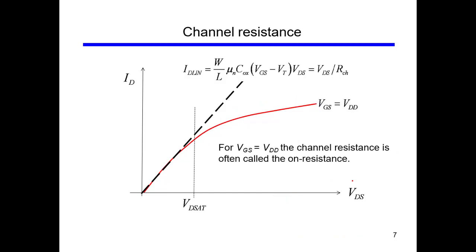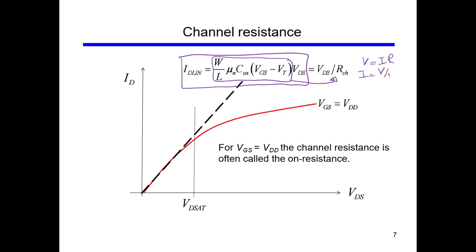Now we know this is the equation for the linear region, and this whole thing can be considered as 1 by R. So V is equal to IR, or I is equal to V by R. This is what is called the channel resistance, and it is the slope of this black line. This is called the channel resistance or on resistance.